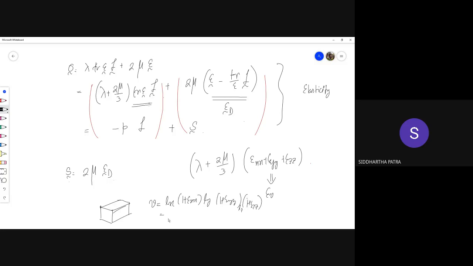Then it is the original V0 times these three terms, which when multiplied gives you epsilon xx plus epsilon yy plus epsilon zz plus order epsilon squared. So basically this becomes the volumetric strain.